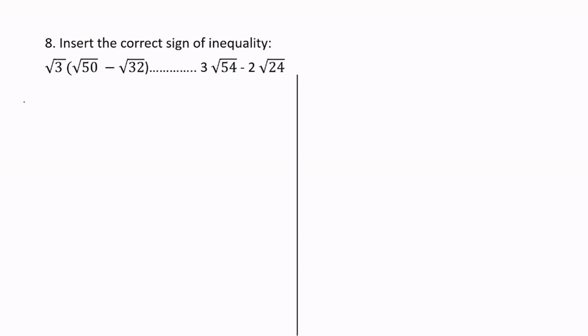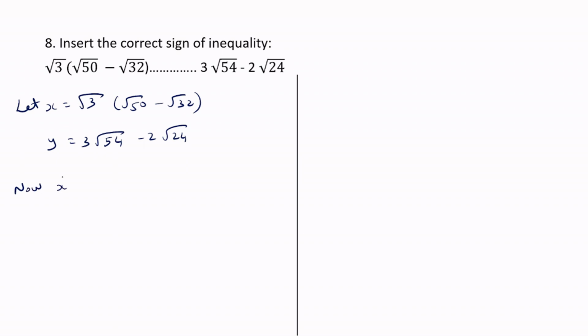So what we can do is, let us take x as the left hand side. Let x is equal to root 3 into root 50 minus root 32 and y equal to 3 root 54 minus 2 root 24. Now let us find x square and y square.